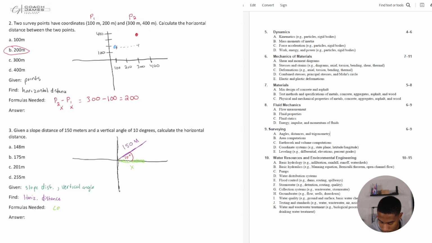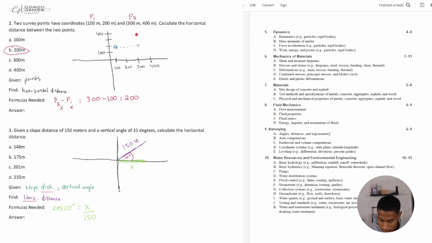You could say the cosine of 10 degrees is equal to adjacent, which is X, over hypotenuse, which is 150, right?